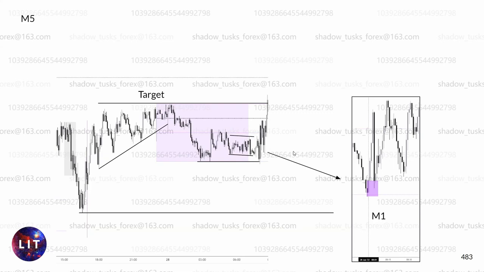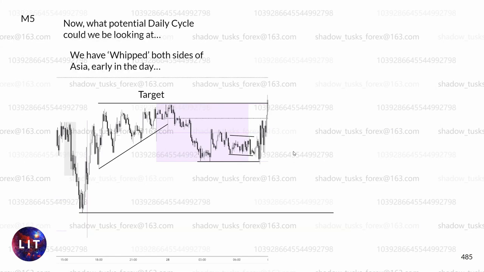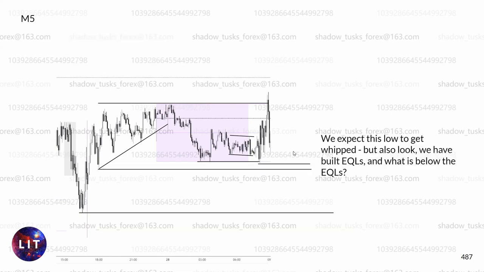Asia whipsaw, right? So potentially we have whipped both sides of Asia early in the day. Asia whipsaw. Exactly. So now that we know, okay, we've whipped high, we've whipped low, we've whipped high, we've got a potential Asia whipsaw day, and we've built relative equal lows right here.